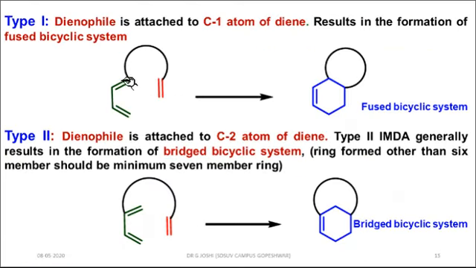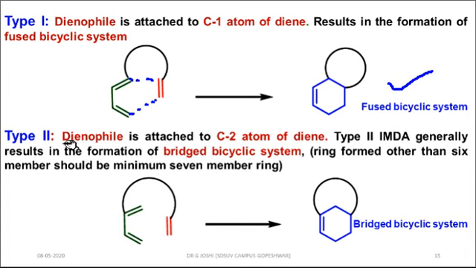In type 1, you can see that the dienophile is attached to the C1 carbon of the diene by a carbon chain, and after cyclization, after performing the Diels-Alder reaction, it will give us a fused bicyclic compound.